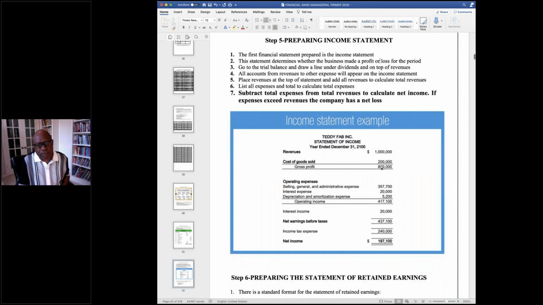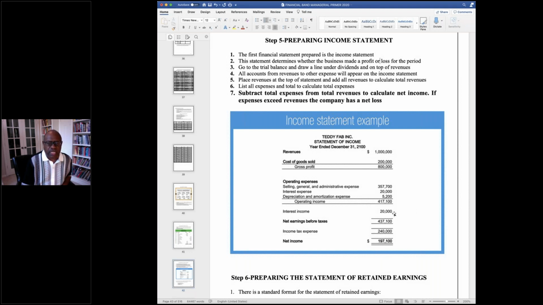So in our example in the book, we had revenues of $1 million. Our cost of goods sold, the cost of what we sold, was $200,000, so we had a gross profit of $800,000. Our operating expenses were selling, general, administrative, interest, and depreciation. And so our operating income, once we subtracted these items, was $417,000.